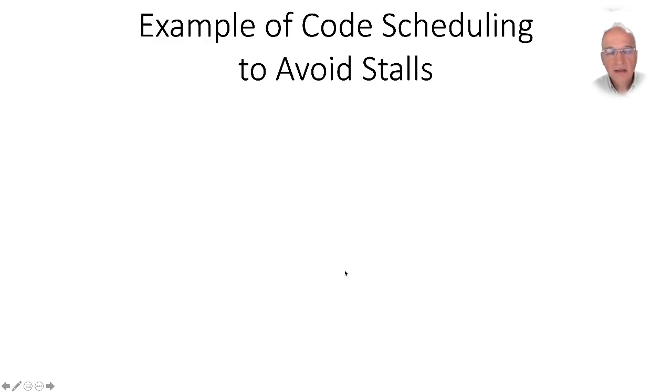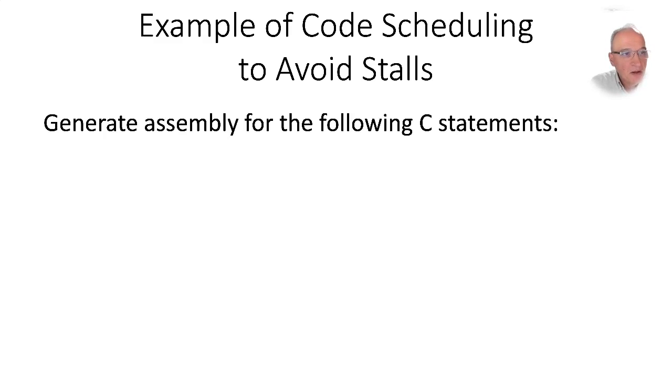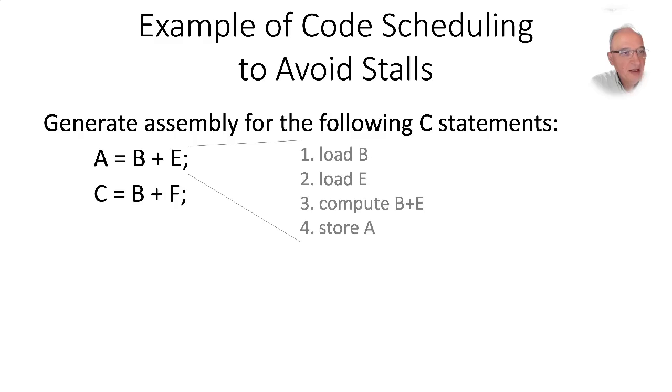So here's an example of code scheduled to avoid stalls. The problem that we want to solve here is to generate assembly for this C statement. A is equal to B plus E and C is equal to B plus F. And this has to be translated into: load the value of B from memory, load the value of E from memory, compute the value of B plus E, and then store the value of A into memory.